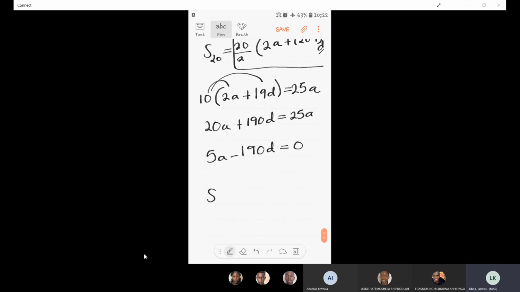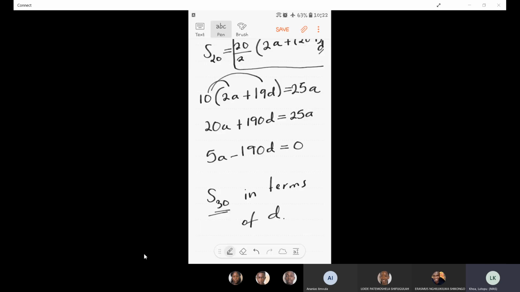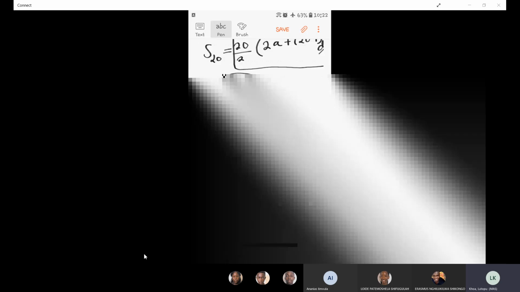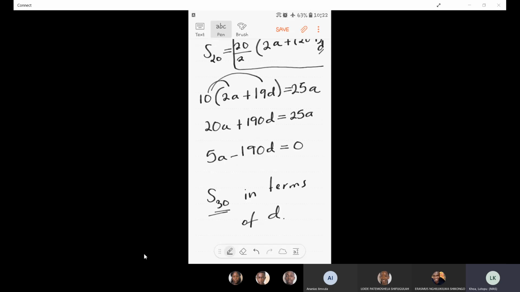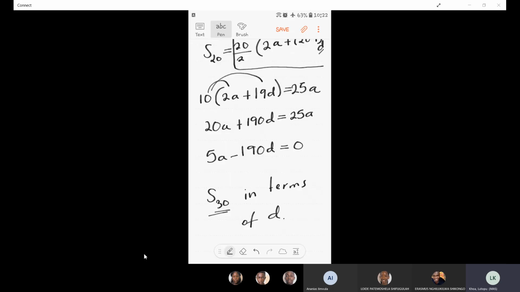We're looking for the first 30 terms, and we want our answer to be in terms of D. So it means that we will have to rewrite A in terms of D as well, so that our equation has only D in it.